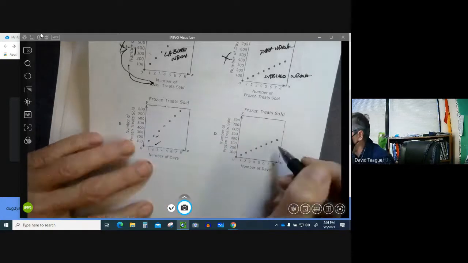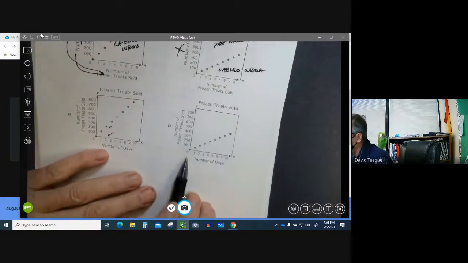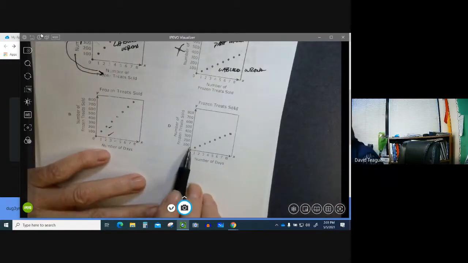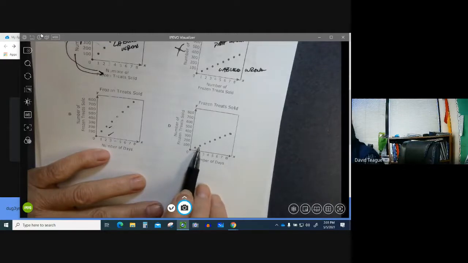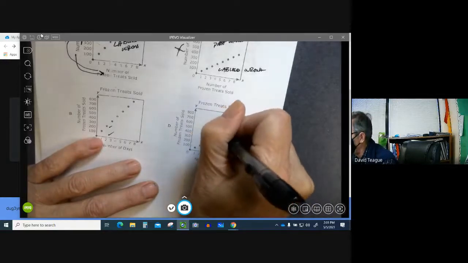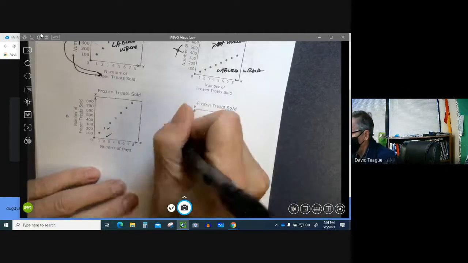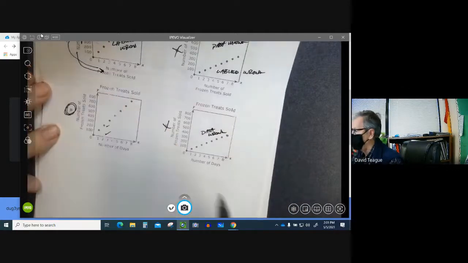That looks good. Well, let's look at the next one. Labeled right. That looks good. Let's look at the data. 1, and it's less than 100. 2, and it's barely over 100. So guess what? The data is wrong on this one. This can't be it. So your answer is B.